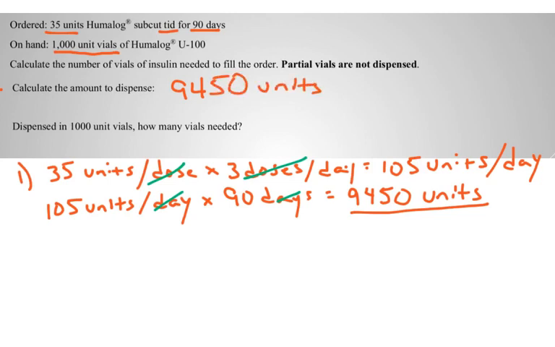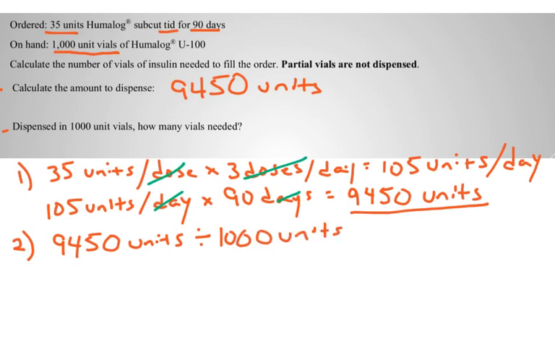Okay, so the second question is, it's dispensed in a vial, and each vial has 1,000 units. So we know he's getting 9,450 units, and you're going to divide because each vial has 1,000 units per vial.